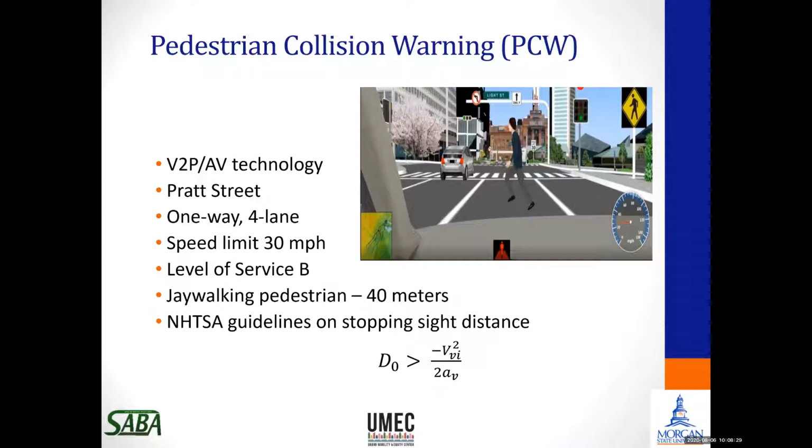We got this 40 meters from the NHTSA guideline on stopping sight distance. So we give the warning, the jaywalker shows up, and then we see how the participants react to that.